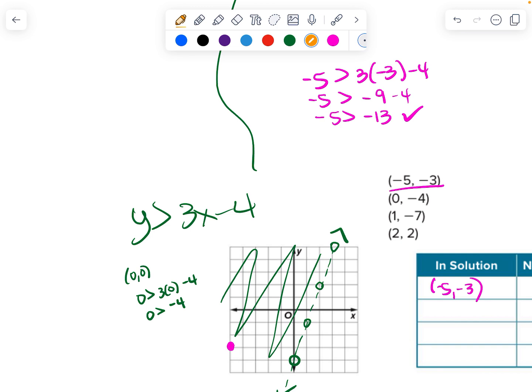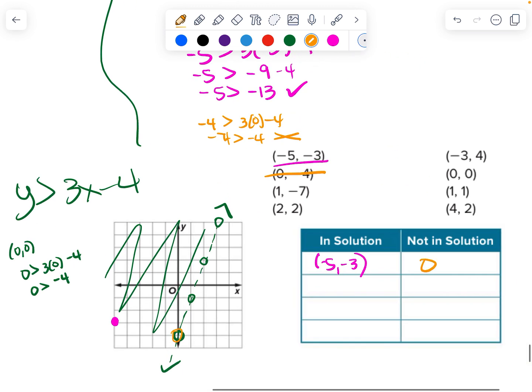Okay, if I was to pick 0, -4, this point right here, is it a solution? So if I plugged that in, so -4, and then we have 3 times 0 minus 4. Is -4 greater than -4? No, absolutely not. So that's not a solution.